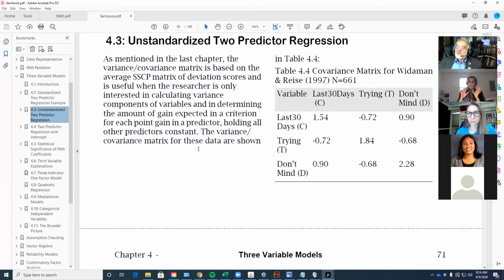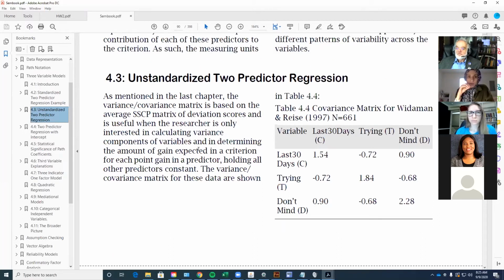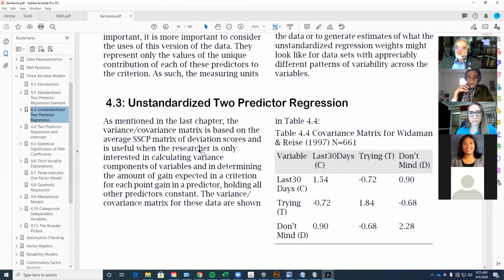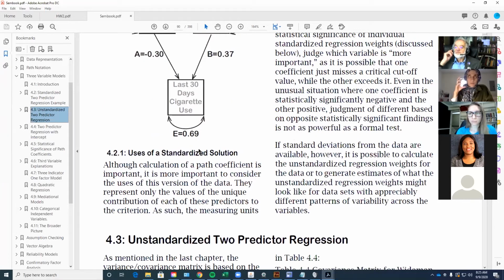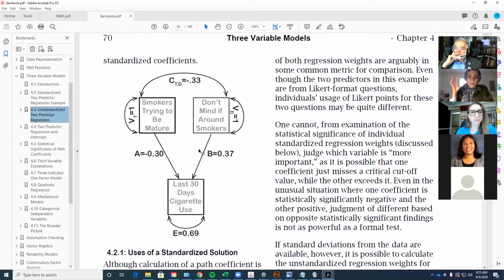I think you emphasized that sometimes we put a variable into the model even if it is not significant, just to look at the unique effect of the other variable.